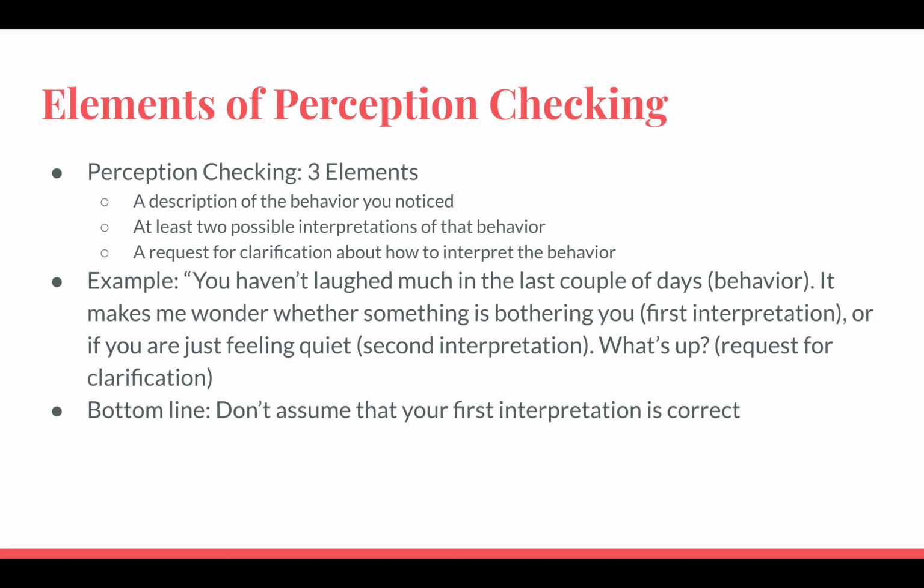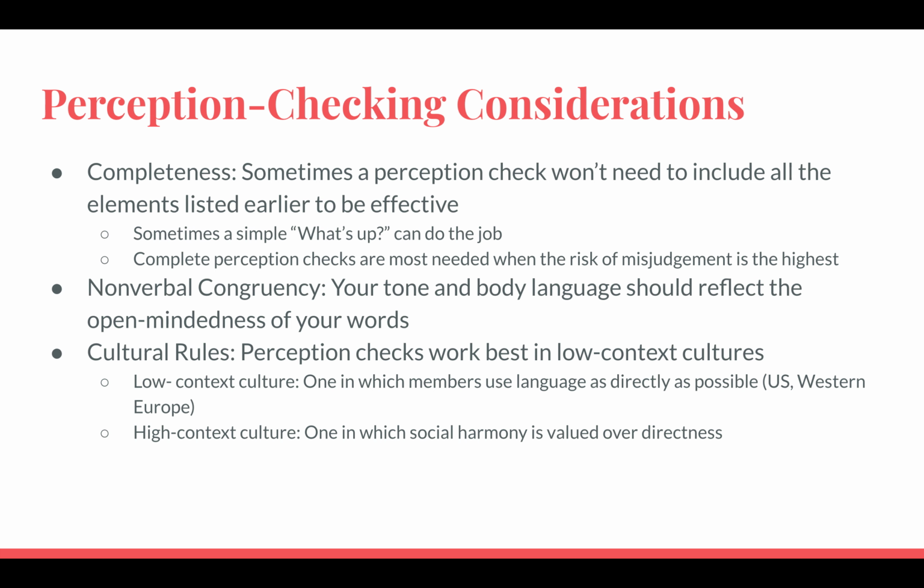We're wrong about why people act the way they do. So one of the ways we could figure out why people are behaving in certain ways and how they're perceiving communication is to ask them. And so that's what perception checking is. We offer at least two different interpretations to let them know, hey, this is kind of the way I see it, but I'm not sure if either of these are even correct. Right? So don't assume that your first interpretation is correct.